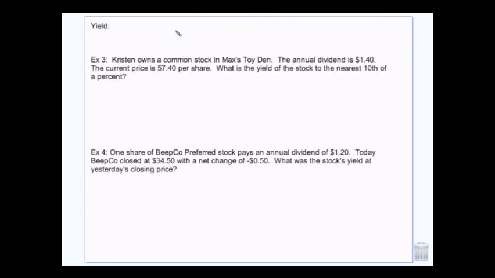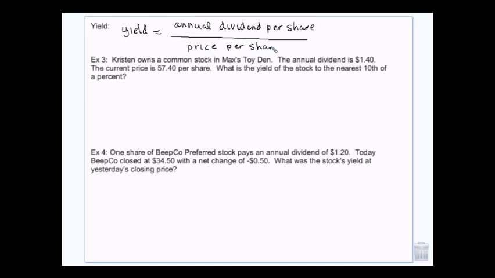Okay, yield is when you take the annual dividend per share and you divide it by the price per share. So if her annual dividend is $1.40 and the price is $57.40, I'm going to do this like that.